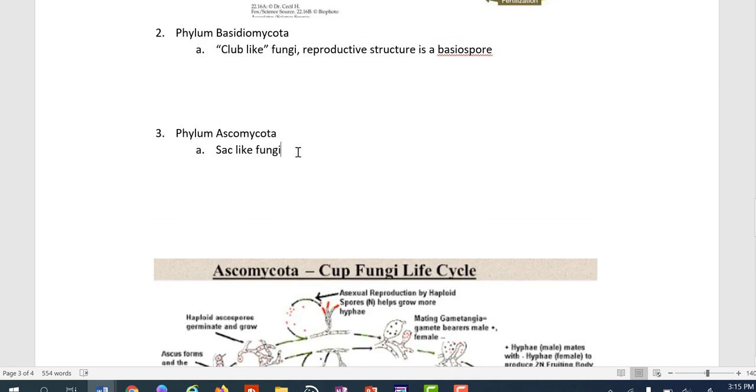These fungi are very diverse, found in all habitats, and mainly parasitic. However, they do include one group, which is your yeasts. So yeasts are a member of this phylum.